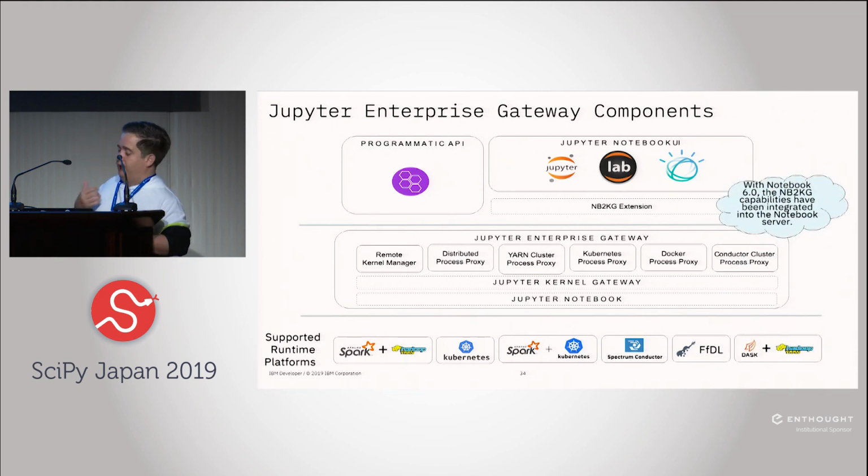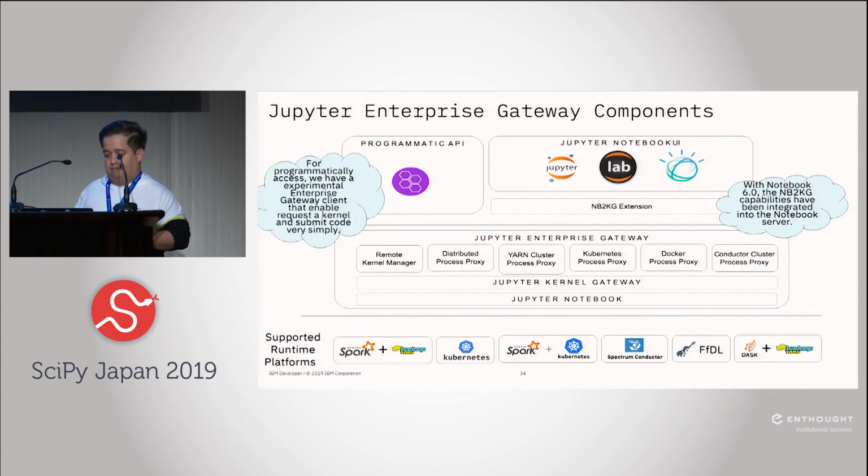I mentioned already that with Notebook 6.0, NB2KG is going to be directly part of the notebook. And if you're trying to use a programmatic API, we have an experimental client class that can help you a lot with connectivity, setting up and executing code.